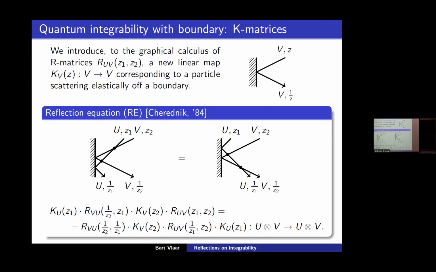So let's look at the left-hand side. Here you have Z1 and Z2. That's this R matrix. Then the second particle hits the wall and reflects. And so at this point, the second one has Z2 inverse. It's after hitting the wall. I got it. And then the last one. So it's just a careful translation of the picture.